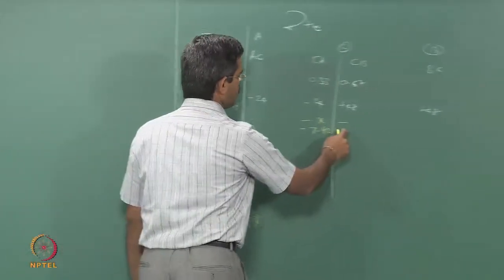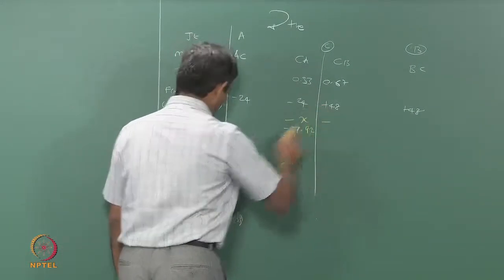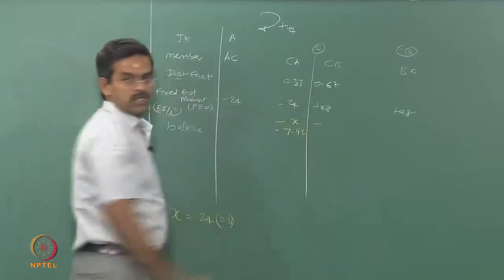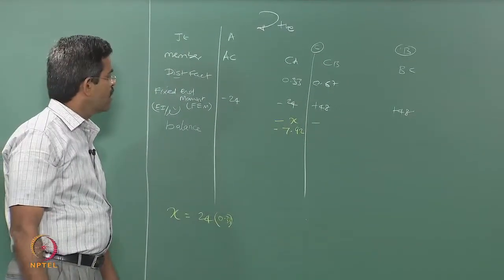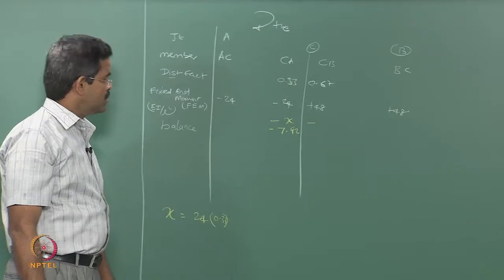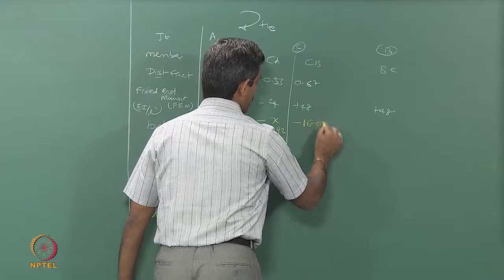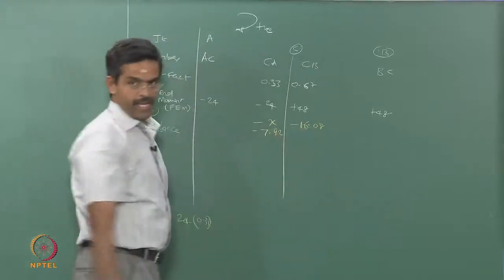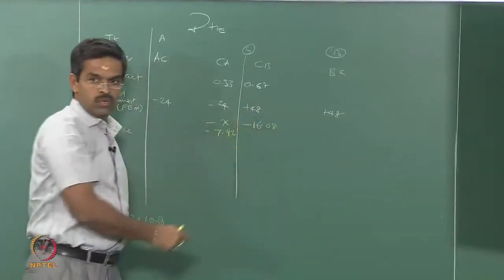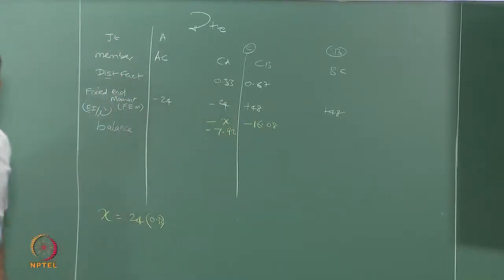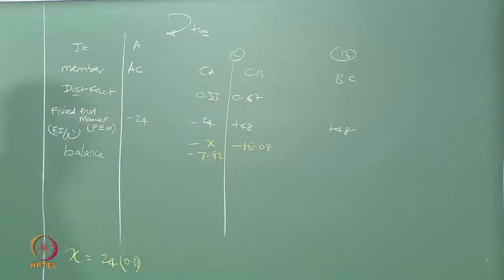Obviously, one can find this value also, it is nothing but the difference of these two, again 24 multiplied by 0.67, 16.08, because this sum should make the difference of these two in terms of its sign also. So, it is 24 now, 16.08 plus 7.92, 24, right.